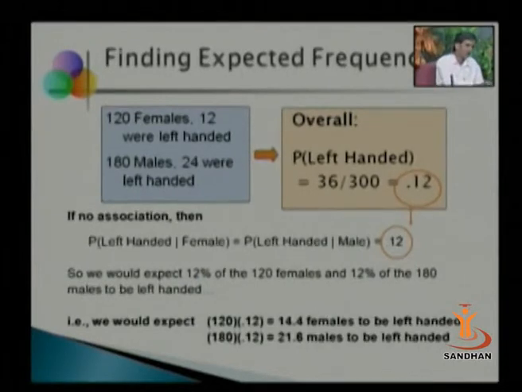So we would expect 120 into 0.12, that is 14.4 females to be left-handed. This is the expected value under the assumption that the null hypothesis is true.